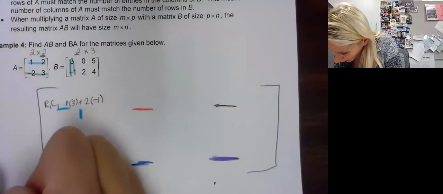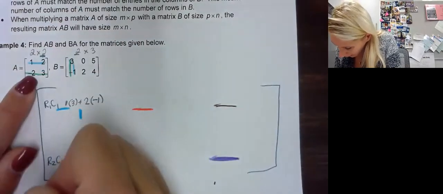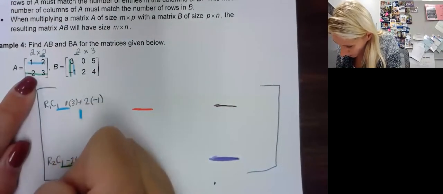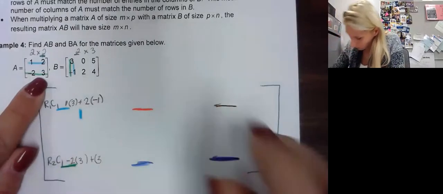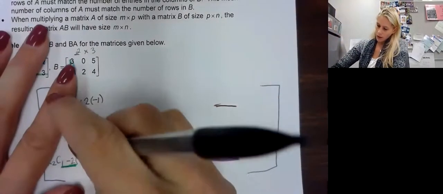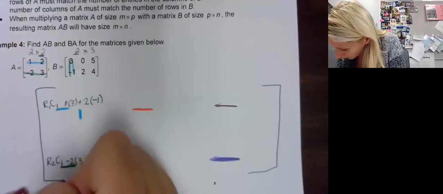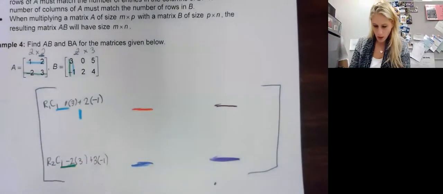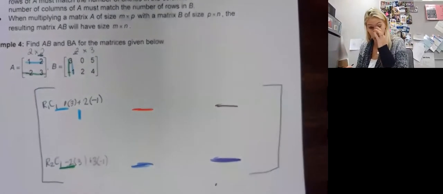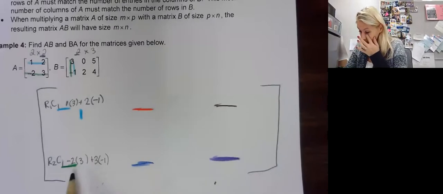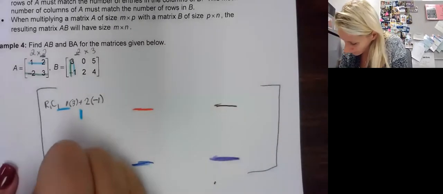So, -2 times 3 plus 3 times -1. I want to be consistent. All right, let's do that math. Of course, you can always use your calculator if you need to. That is -6 plus -3, which is -9.